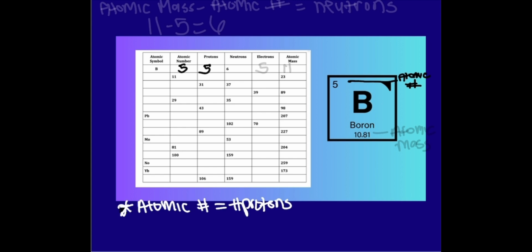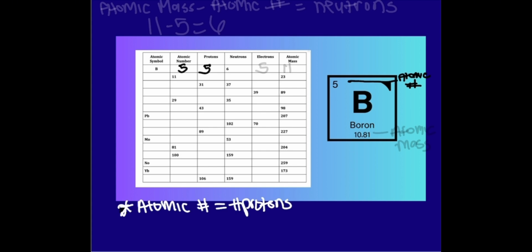Now, because I don't have a charge on my element right now, I don't have a positive charge and I don't have a negative charge, that lets me know that my element is neutral. And if my element is neutral, that means that my electrons will equal the same amount as my number of protons. So my number of electrons will also be 5.